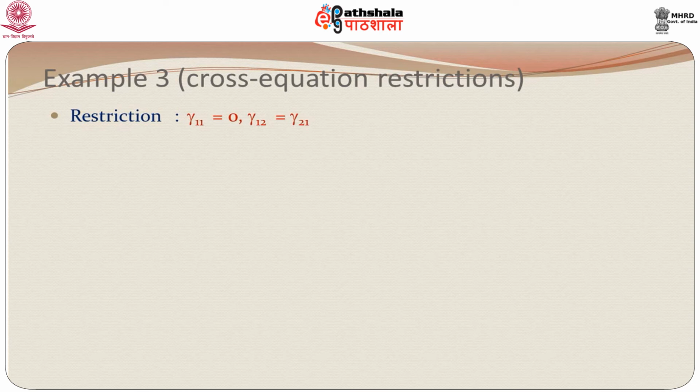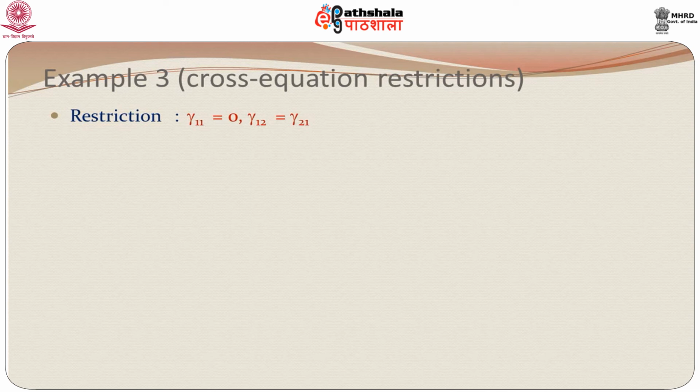In this case, we have as before γ11 equal to 0, but not γ22 equal to 0. Instead, we have γ12 equal to γ21. Mind you, γ12 is a parameter in the first equation, whereas γ21 is a parameter in the second equation. So as we said before, this is a cross equation restriction.